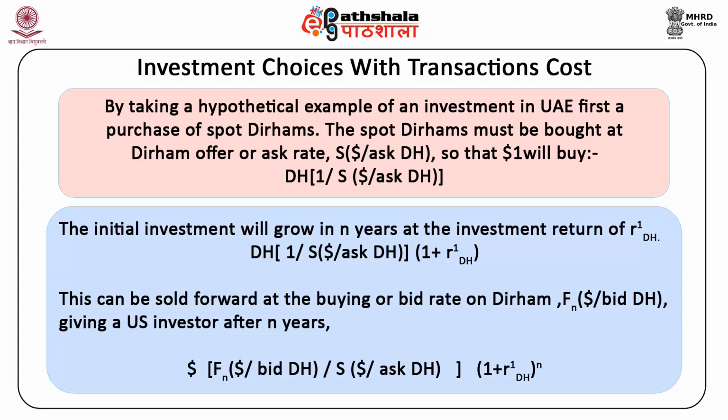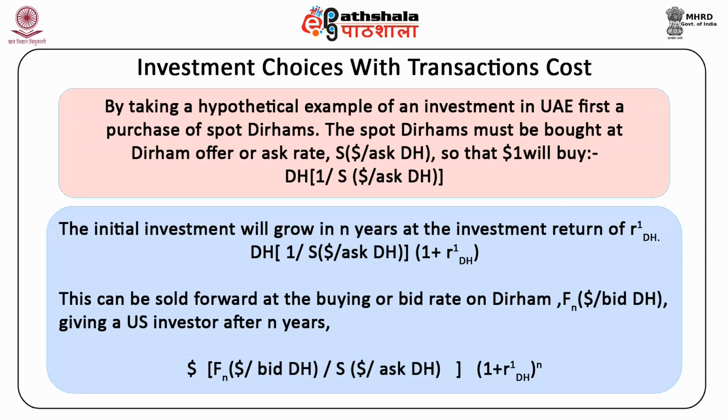The initial investment will grow in n years at the investment return of R dirham. It can be represented as 1 divided by the spot dollar per ask rate of dirham, into 1 plus the return on dirham.